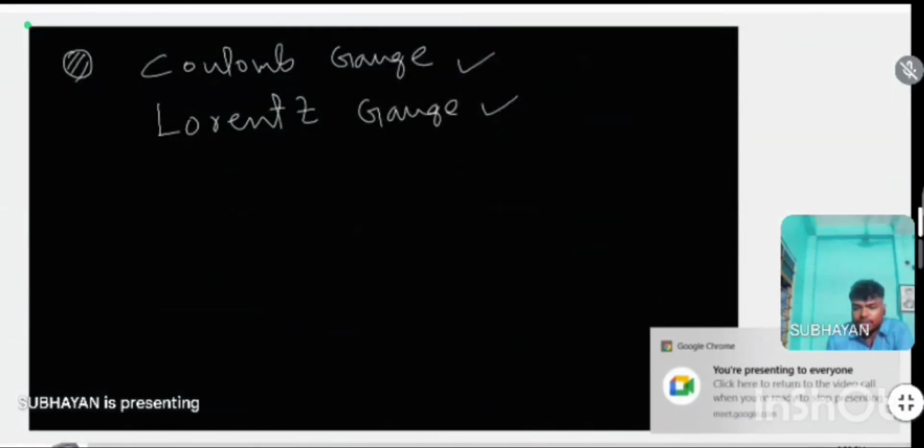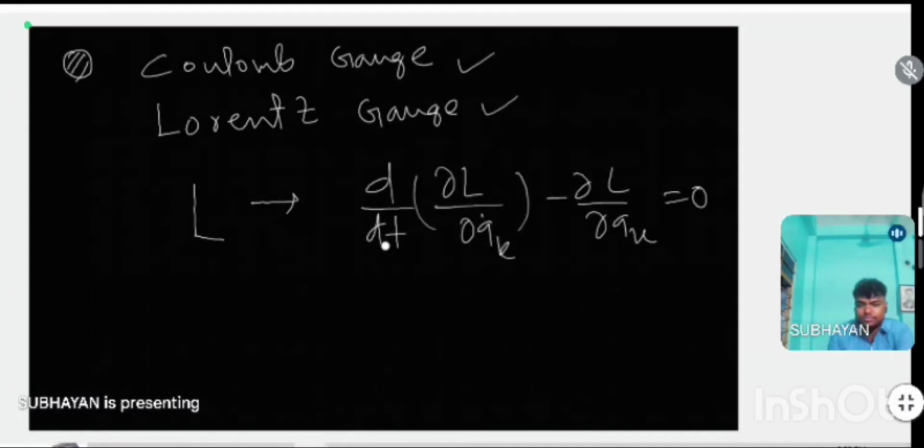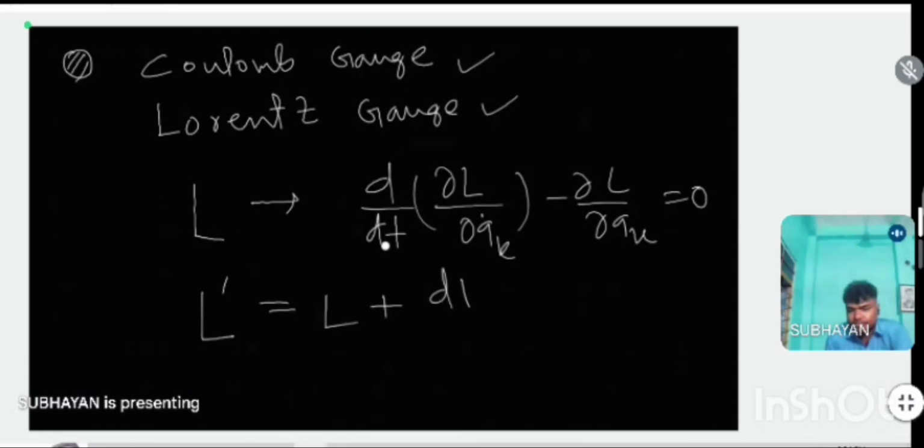Suppose you have a particular Lagrangian with Lagrange's equation of motion d by dt of del L by del q k dot minus del L by del q k equals 0. Then another form of Lagrangian, L prime equals L plus df by dt, is also satisfying the same Lagrange's equation of motion.